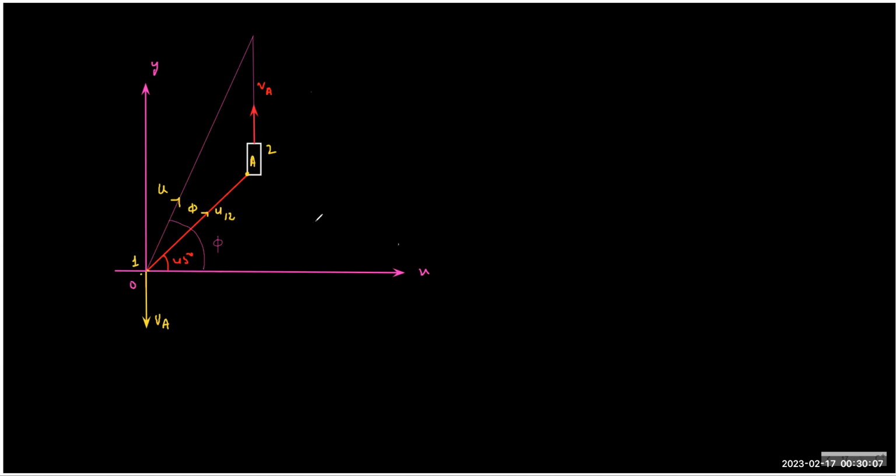What is given here? So what is the angle theta? Theta is the angle made by U12 with the x-axis, which is 45 only. Correct? What is the angle made by this vector with the x-axis?